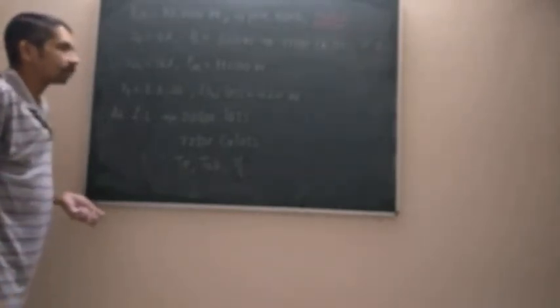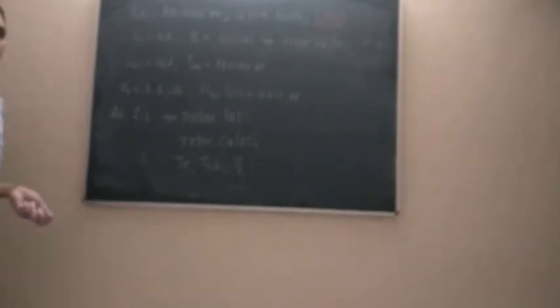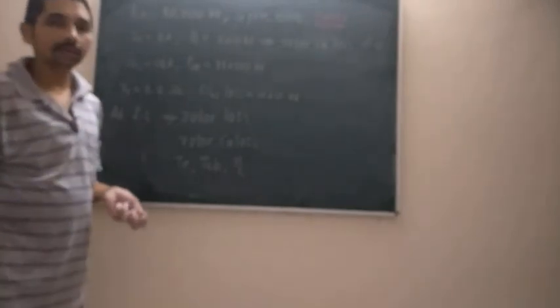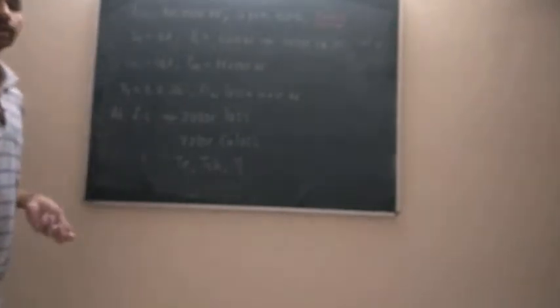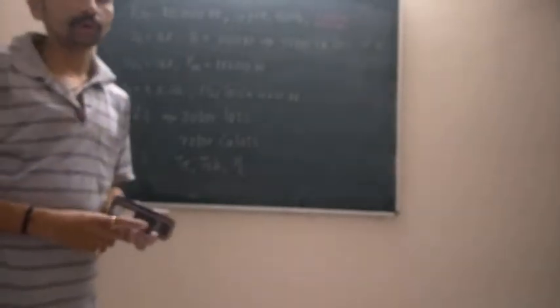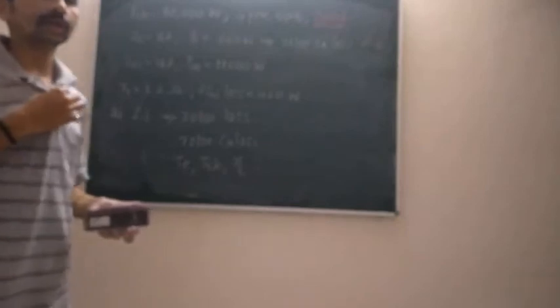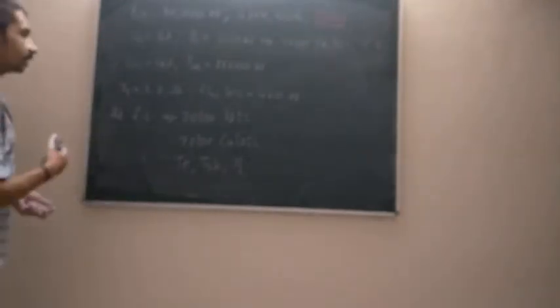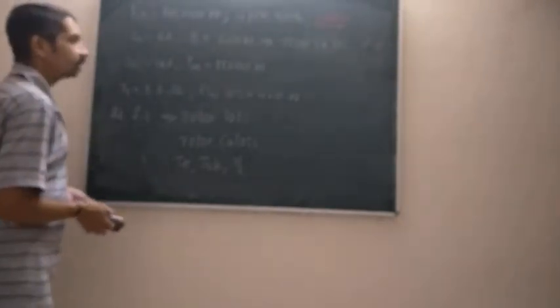Okay, let us try to solve this numerical. This is a little bit tricky, but it will help you to understand the concept of power flow in a very neat and clean manner. If you understood the concept of power flow, you can solve this numerical in an easier way.